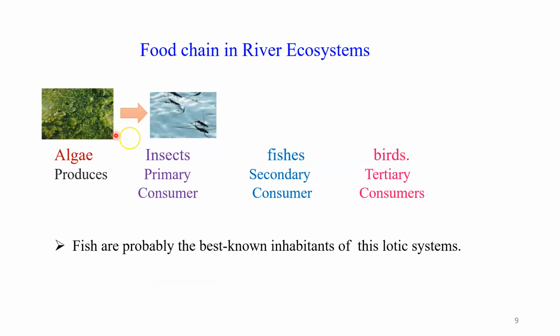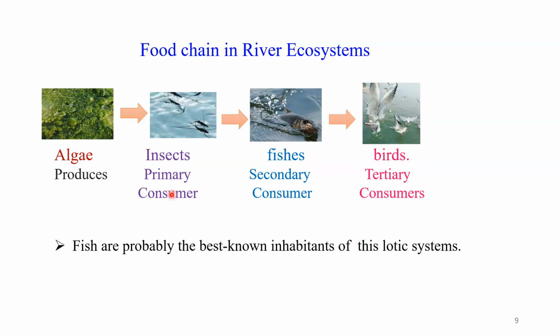Here we have the insects that play the role of primary consumer. They eat algae. If we are talking about the secondary consumer in this ecosystem, we have the fish. They are the big fish. They play the role of the secondary consumer.